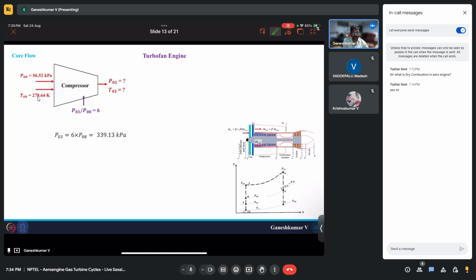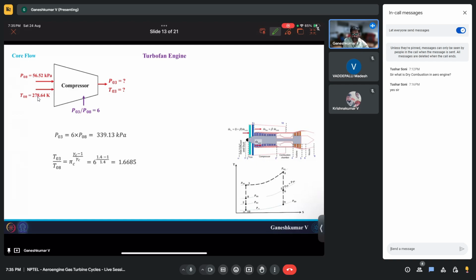So it goes from 56.52 kilopascal to 339.13 kilopascal, which is like 3.39 bars. Okay, 3.39 bar is the pressure at the exit of the compressor. This would be the highest pressure in your whole engine. Similarly, you can find the temperature also, T03 by T08.